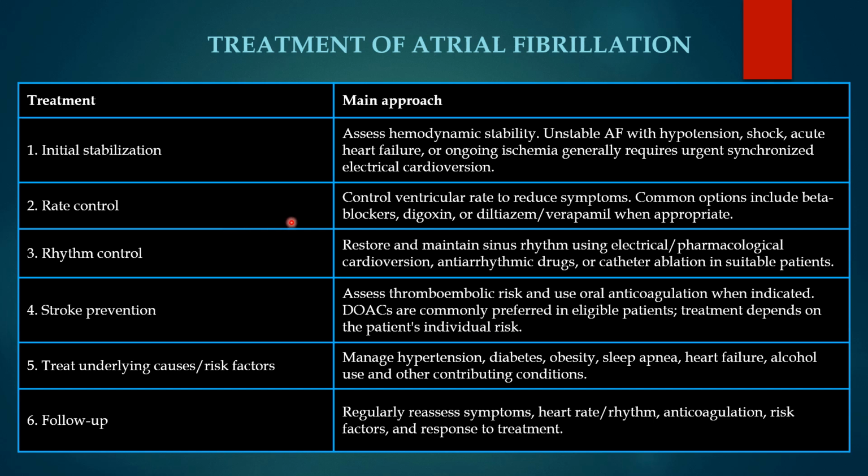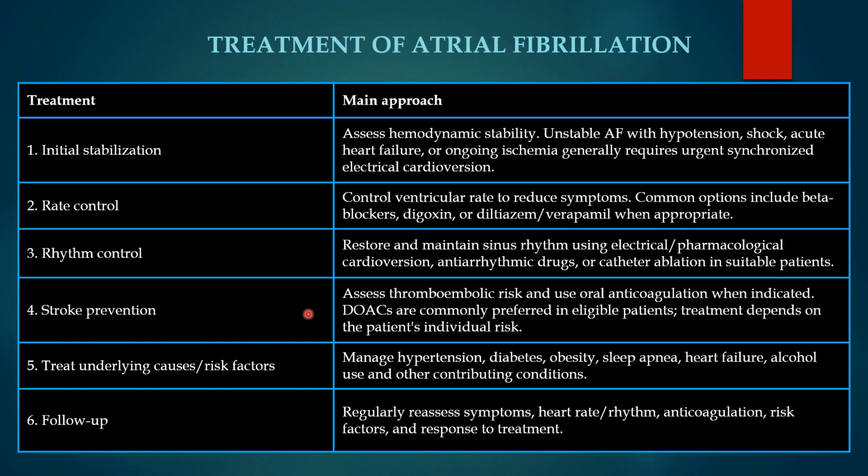Control the ventricular rate to reduce symptoms. Common options include beta blockers, digoxin or diltiazem or verapamil when appropriate. The third one is rhythm control. Restore and maintain sinus rhythm using electrical or pharmacological cardioversion, antiarrhythmic drugs, or catheter ablation in suitable patients.